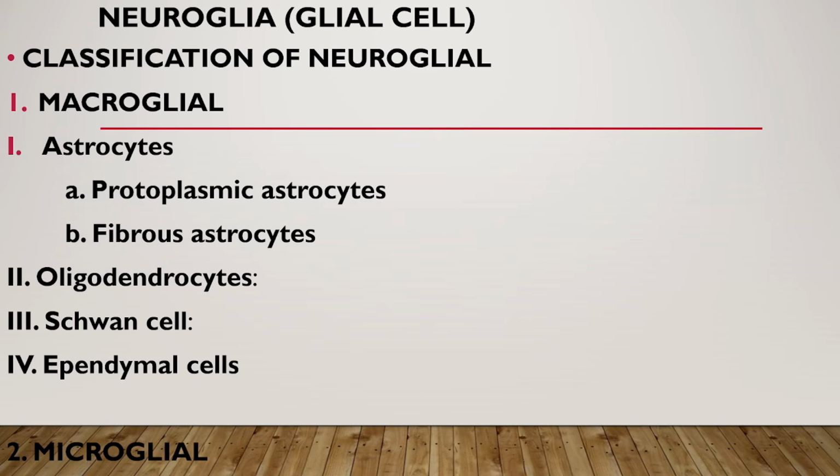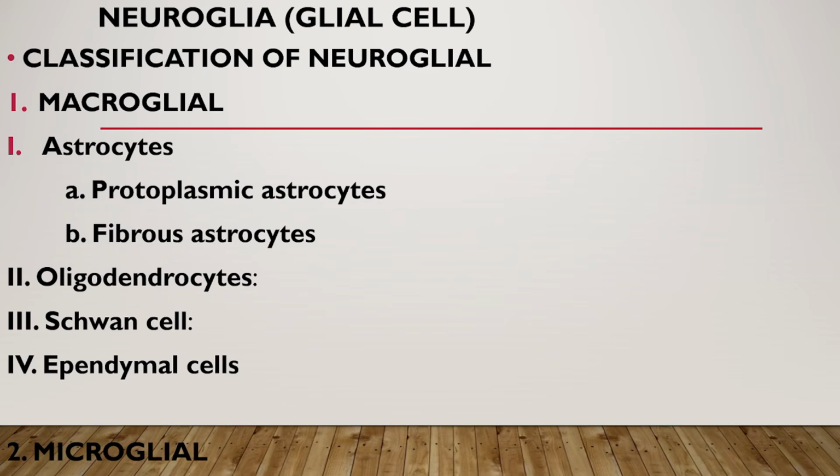Then we have the ependymal cells. They line the ventricles. We are going to talk about them with time, but remember that the ependymal cells produce cerebrospinal fluid. Also, they have cilia that regulate the CSF.